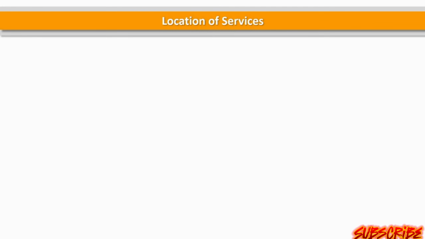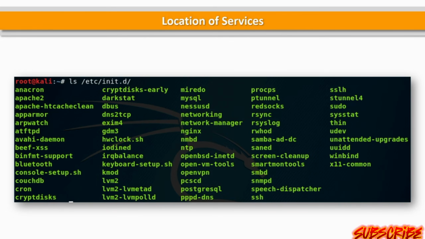Now, I want to talk about service and services. A service is a program that runs in the background outside the interactive control of system users, as they lack an interface. This is in order to provide even more security because some of these services are crucial for the operation of the operating system, right?